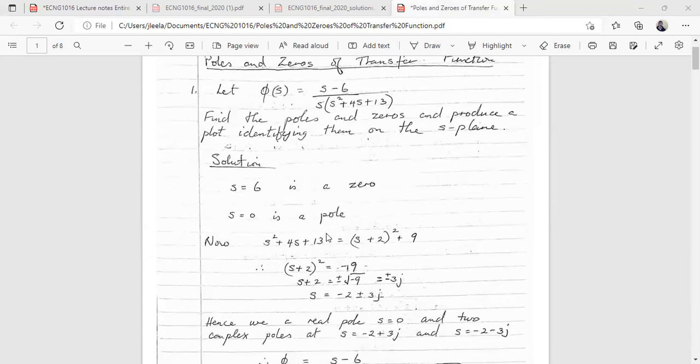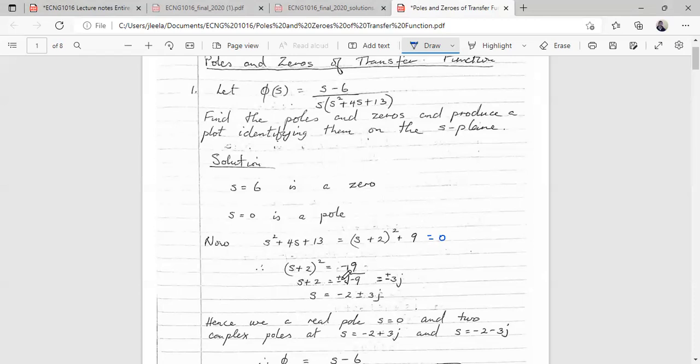To work out the other poles, we have to put s squared plus 4s plus 13, which is (s plus 2) squared plus 9, equal to 0. Using completing the square, we get (s plus 2) squared equal to minus 9.